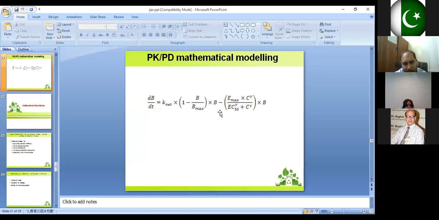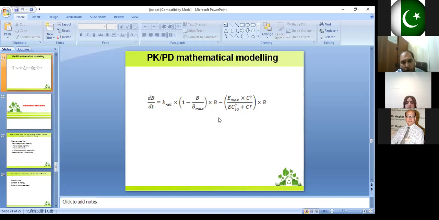And B maximum is the maximum number of bacteria. Like in Emax, we should know the maximum concentration of drug which can kill the bacteria, and EC50 is the half concentration of drug which is used to kill half of the population of bacteria.